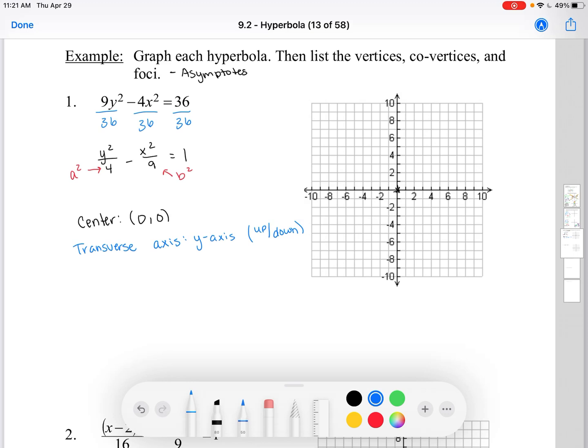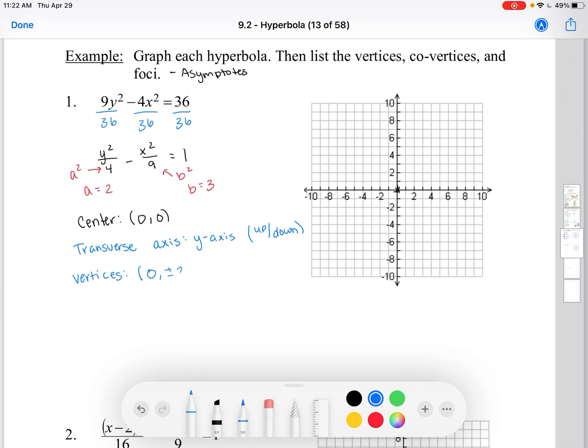Now that I know it's going up and down, we will also notice that a squared is 4, so that tells me my a is 2, and my b is 3. That being said, that's going to tell me that my vertices, the main vertex of my hyperbolas, is going to be plus or minus, actually it pairs with y, so it's got to change my y value.